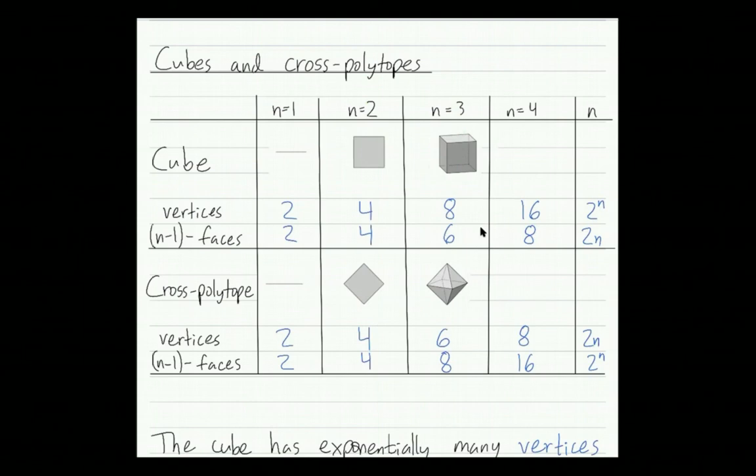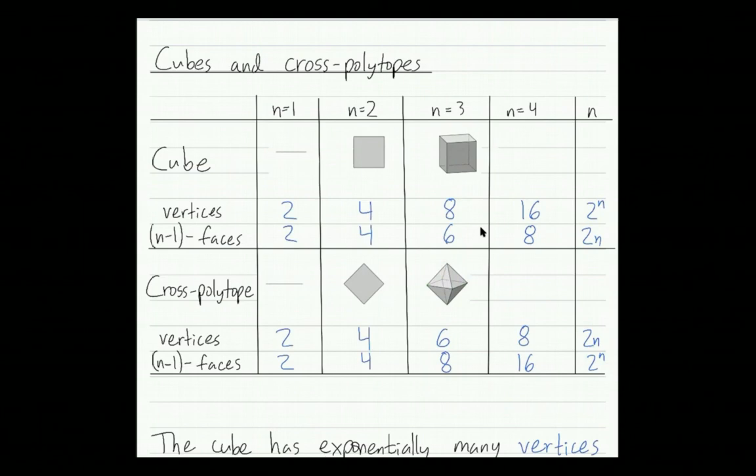Cool. And then I didn't do a good job of explaining why the cross-polytope has as many faces as it does. So we did talk about why the cross-polytope has the prescribed number of vertices. The cross-polytope in dimension n always has 2n vertices, and that's just because you have 2 vertices for each coordinate axis. Okay. Why does it have 2 to the n faces?